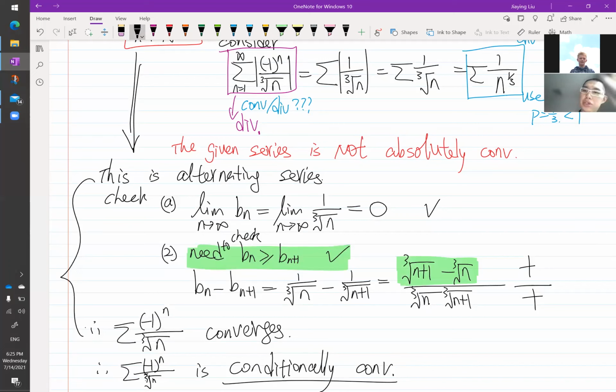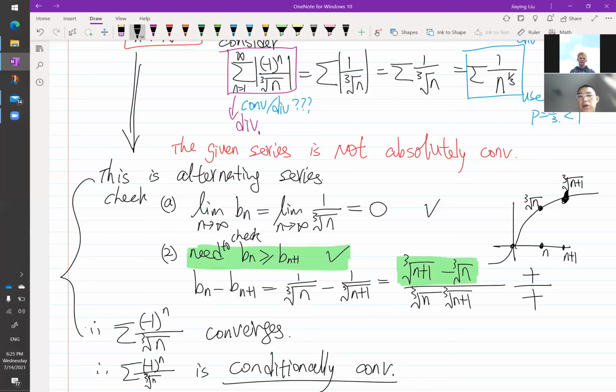Yeah, if you think about the cube root function, it looks like this in the first quadrant. If n is here, n plus 1 is here. So if you take the cube root of n plus 1 minus the cube root of n, you're taking a higher y value minus the lower y value, and you get a positive difference. So that's what I meant. I meant the numerator is positive after you find the difference.